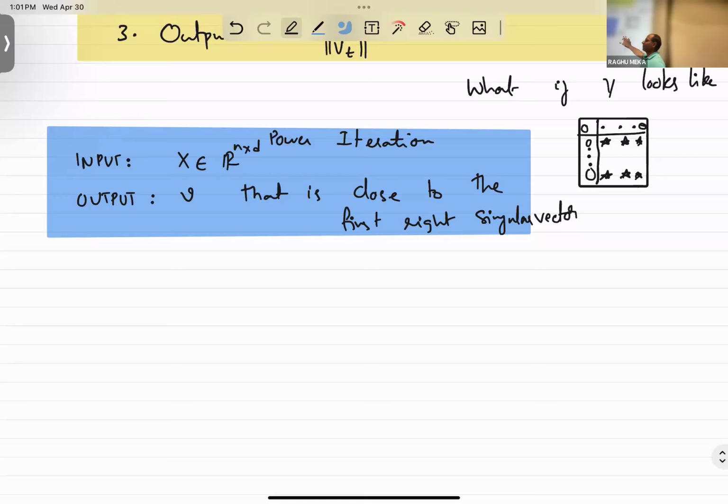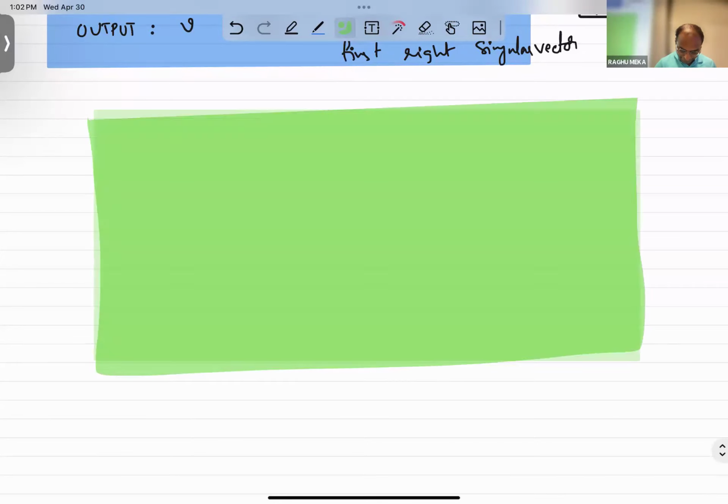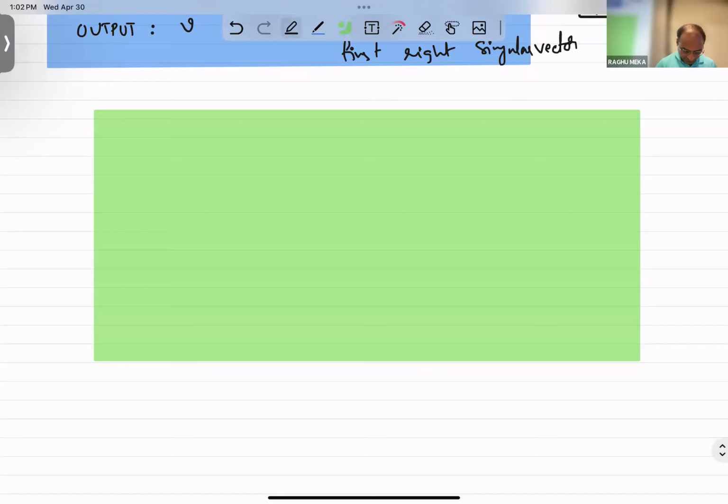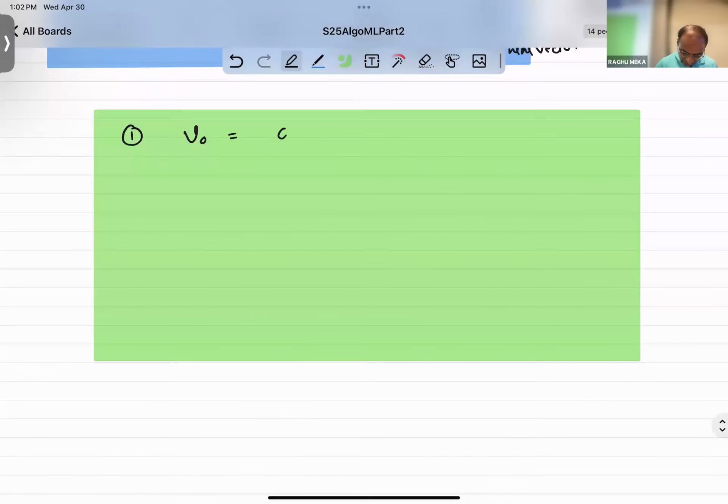Okay, and we will quantify how close it is and in what sense it is close and so on in a second. Okay, so here's the full algorithm now. The first step is pick a V0, which is a random vector.